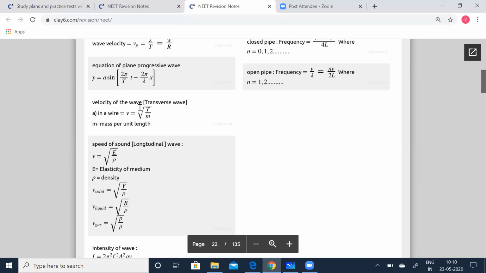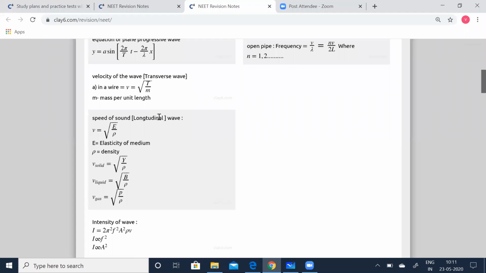So velocity of wave, if it is now going to be a transverse wave, then the first thing you'll have to know is in a wire, v is equal to root of T by mu, where mu is the mass per unit length, and T is tension here, because in a wire you have tension, right? So T is for tension here.